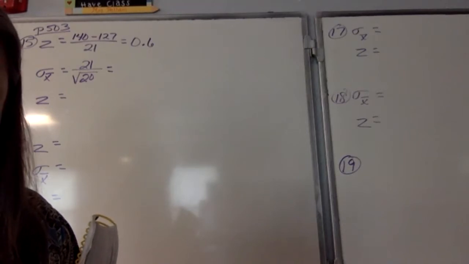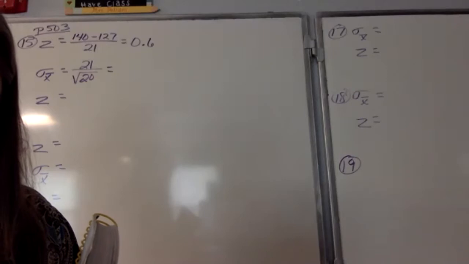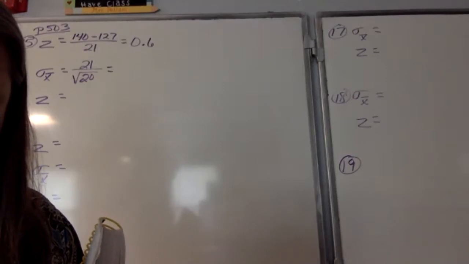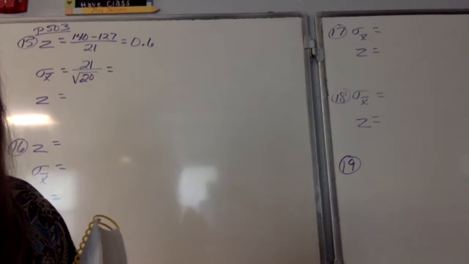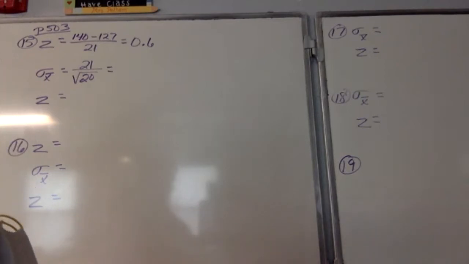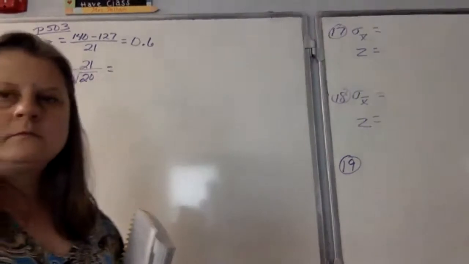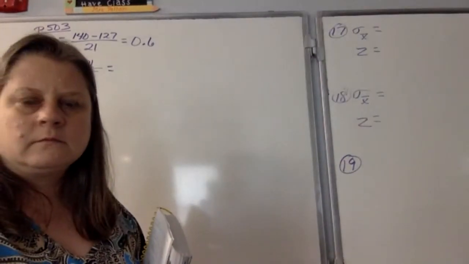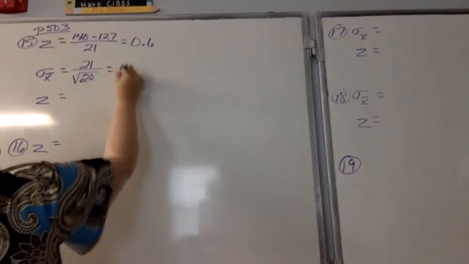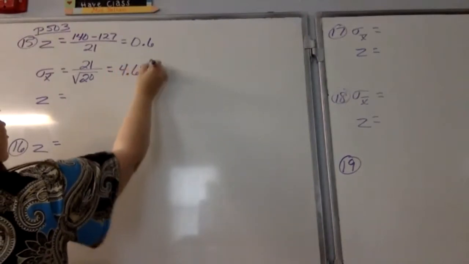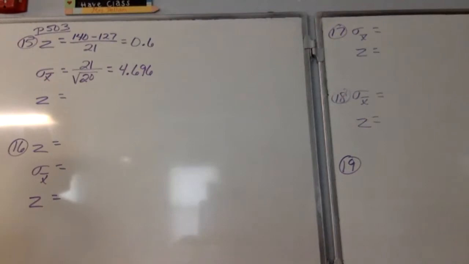So I've got 21 divided by the square root of 20, and I get 4.696. Is that right? Yes.